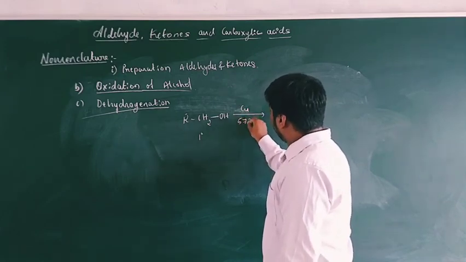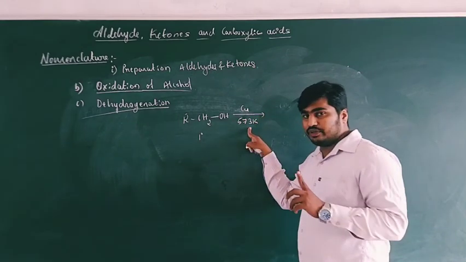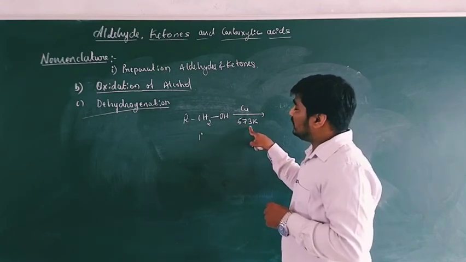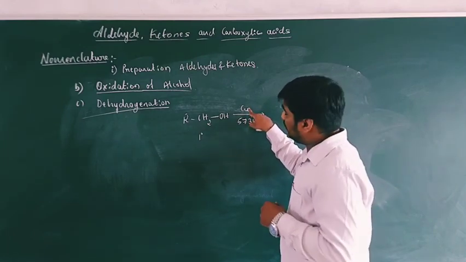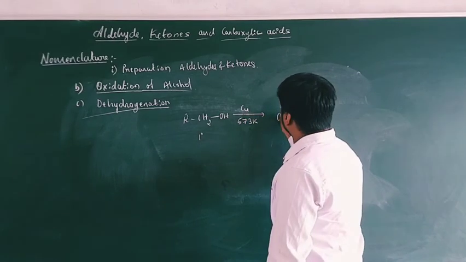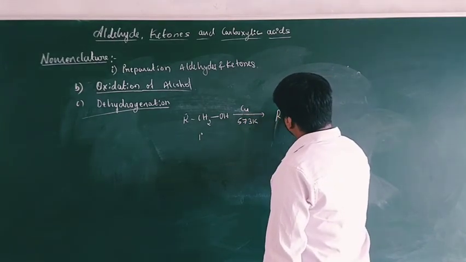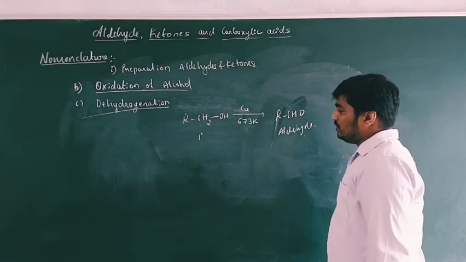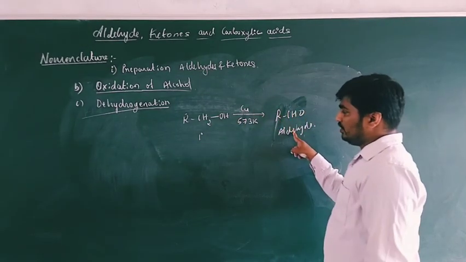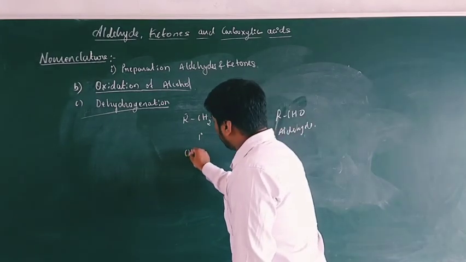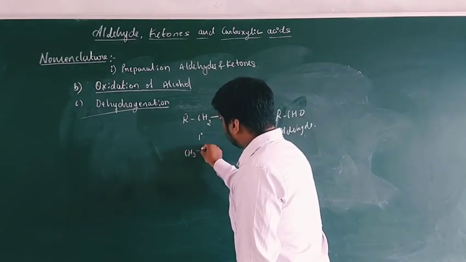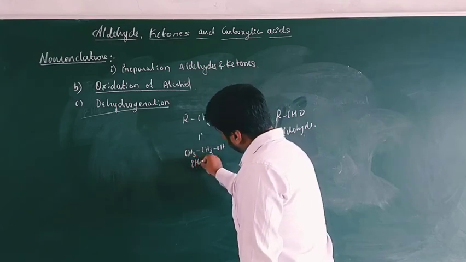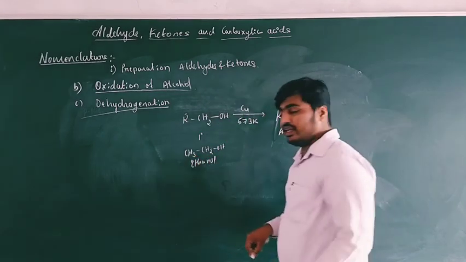When the primary alcohol is heated around 573 Kelvin, please remember the temperature is very important, 573 Kelvin in the presence of copper or silver, then it gives the corresponding aldehyde. One example of a primary alcohol giving an aldehyde: I am considering ethanol, CH3CH2OH. Why is it ethanol?